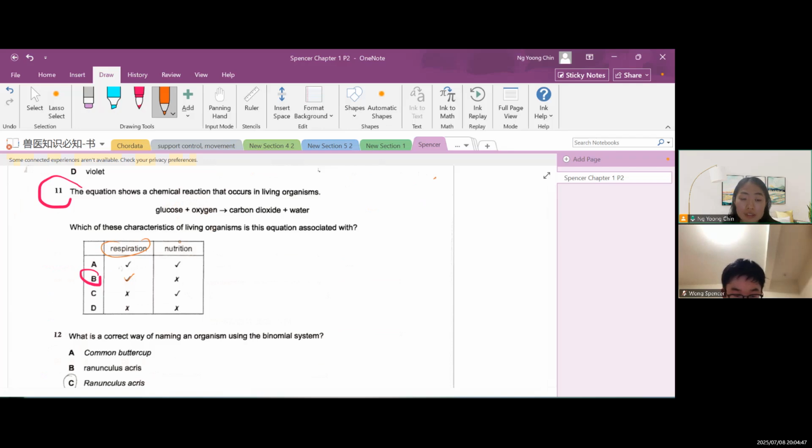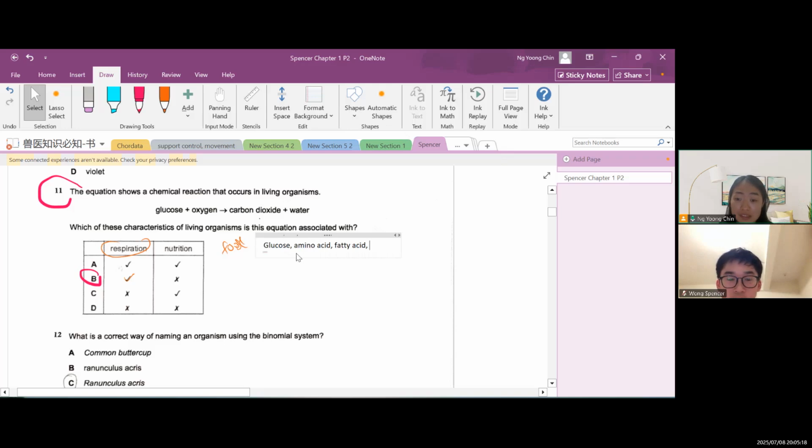Nutrition is when we are eating something. We eat the foods, right? And then we will digest the foods. And then we will use the digested molecules, for example, glucose, amino acids, the fatty acids. Our intestine will try to absorb those small and soluble nutrients, which include glucose, amino acids, and fatty acids, and they get into our bloodstream.